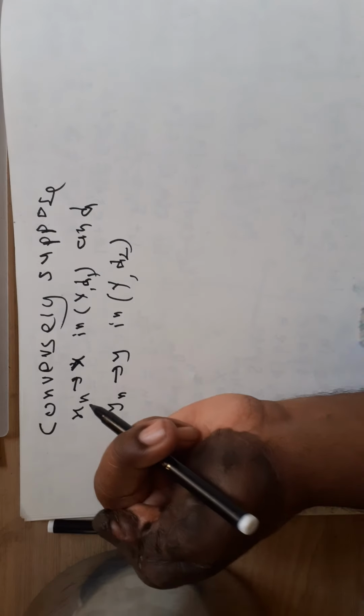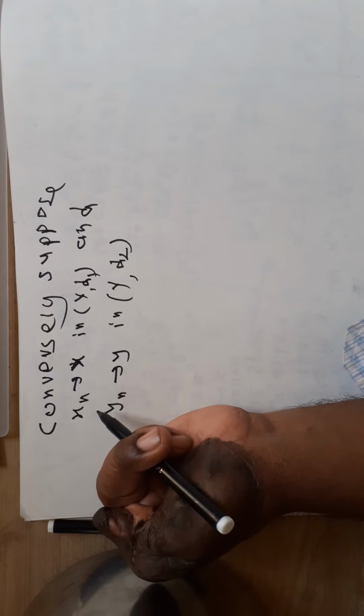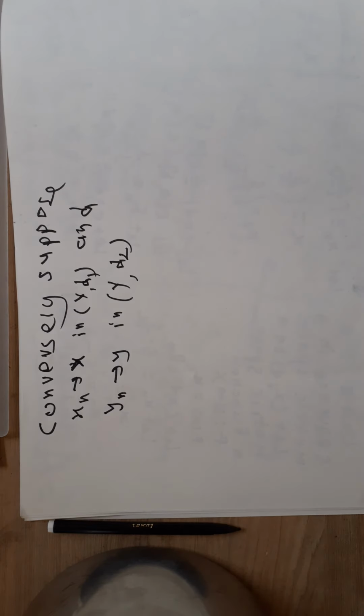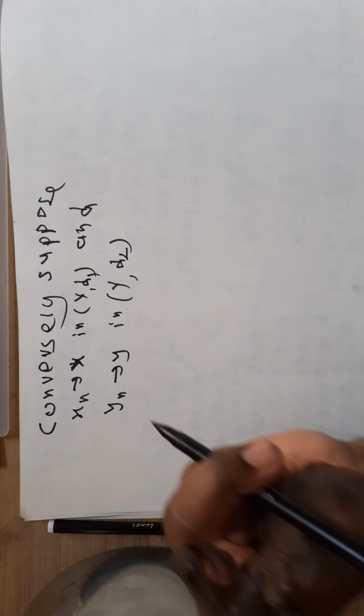Here we prove that the sequence (xn, yn) approaches the point (x, y) in the metric space X cross Y, d, where d is the product metric on X cross Y.